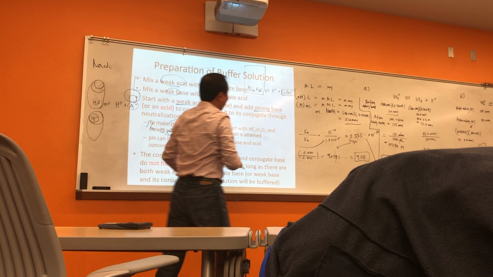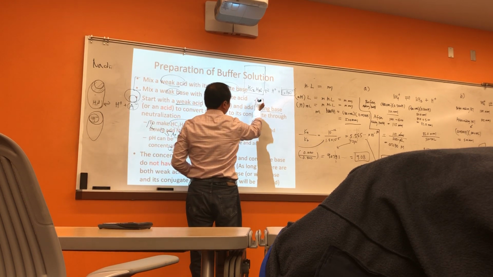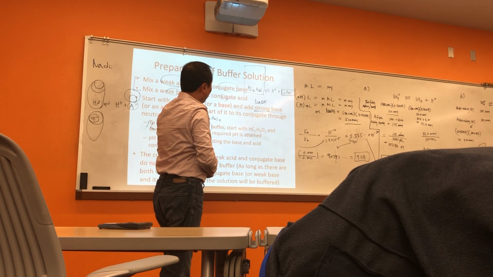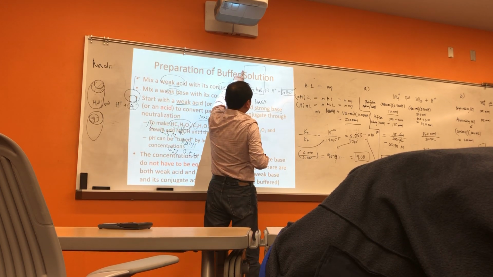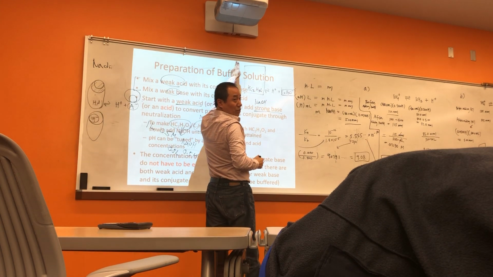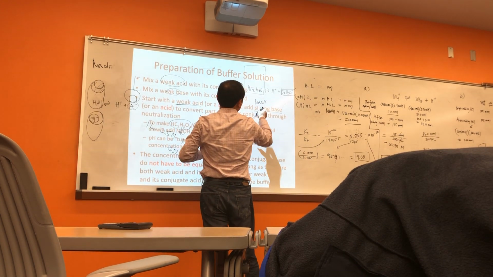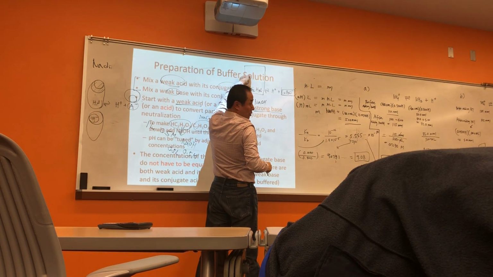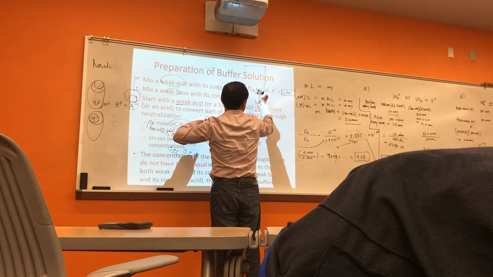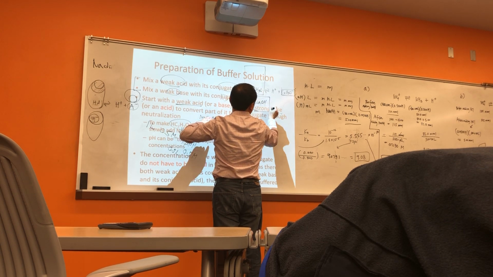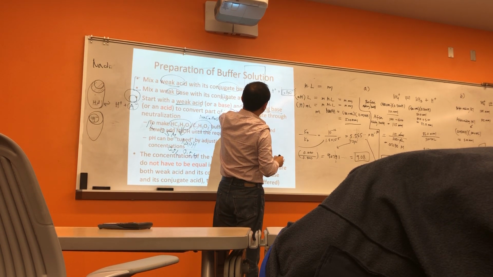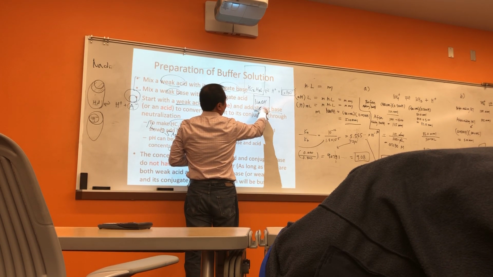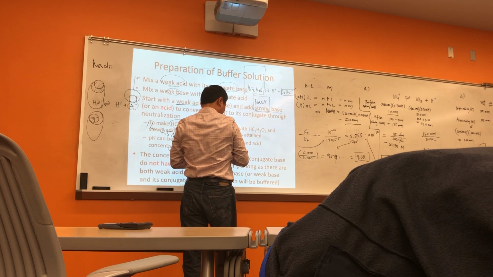But then still we can make a buffer as long as you have another strong base. So consider this as the concentration, okay? If I use a concentration of strong base less than this amount, ideally half of the amount, then this will consume half of that, right?